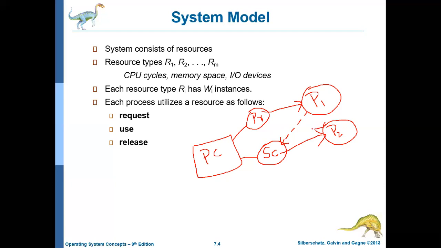Similarly, process P2 needs printer. Process P2 needs printer before releasing the scanner. Okay, now what will happen? P1 is holding the printer and it is waiting for scanner. P2 is holding the scanner and it is waiting for the printer. So this concept is called a circular wait.